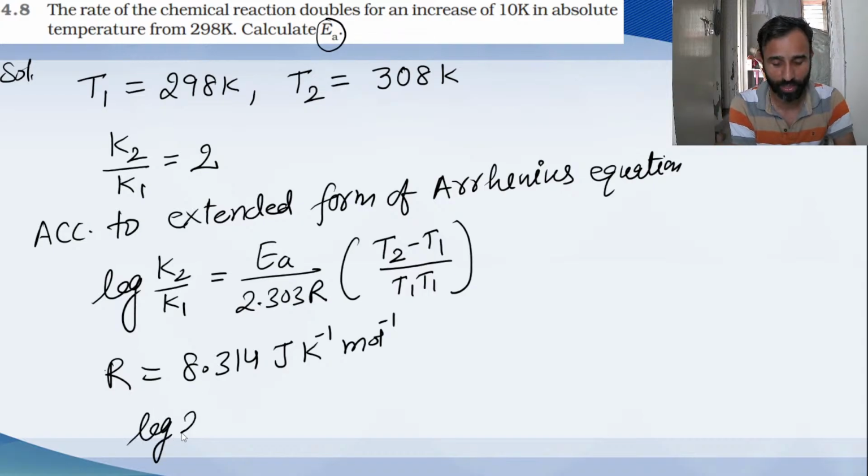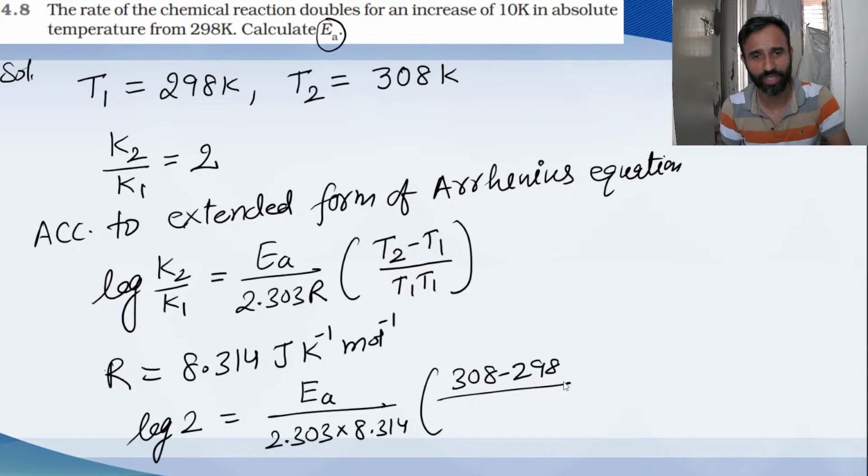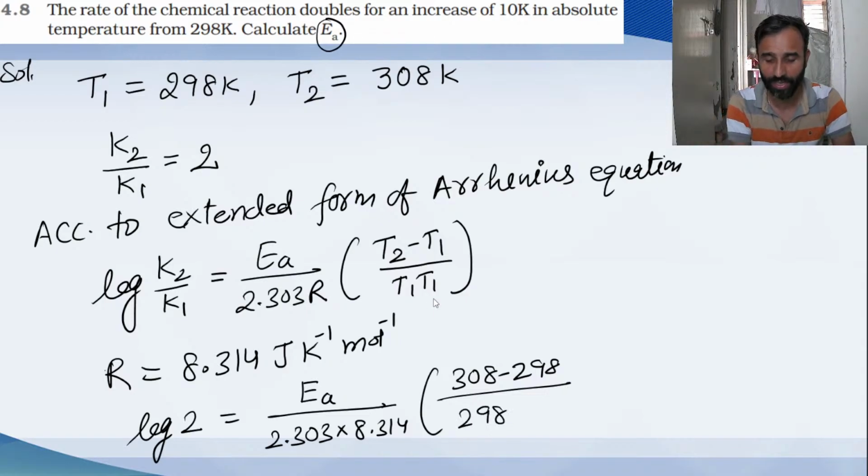Log K2 by K1 is log 2, equal to EA divided by 2.303 into 8.314, T2 minus T1, that is 10 only, into T1 into T2, 298 into 308.